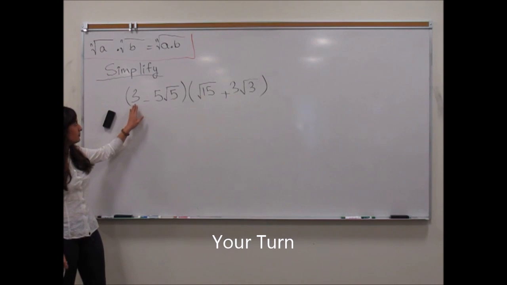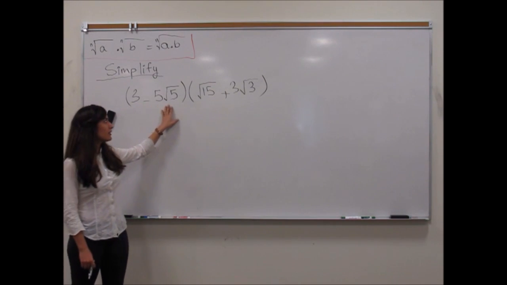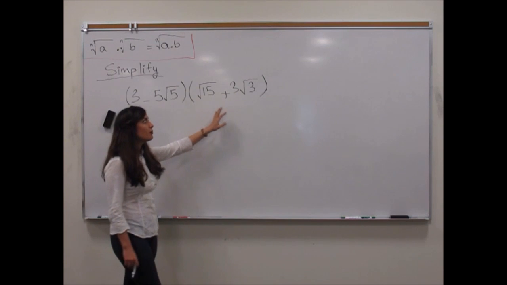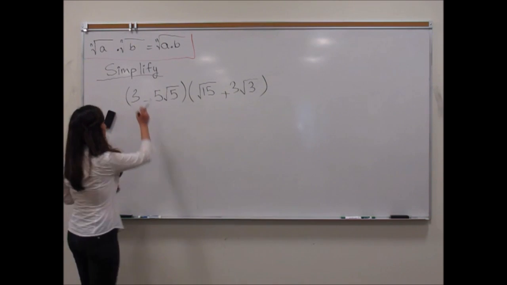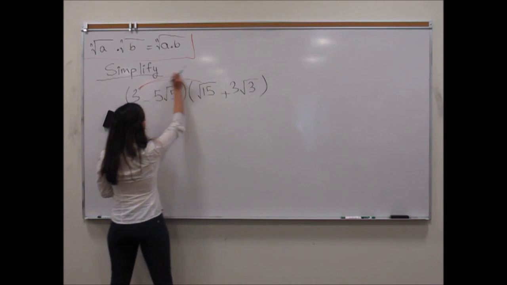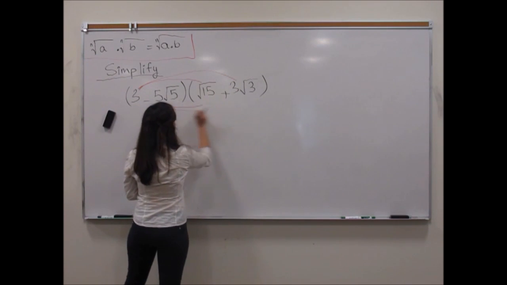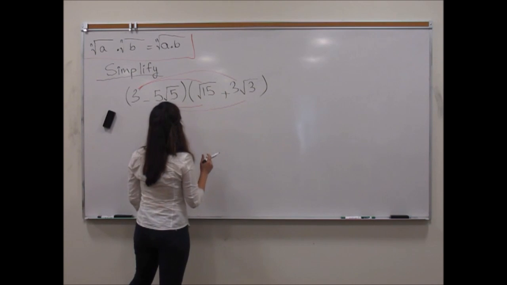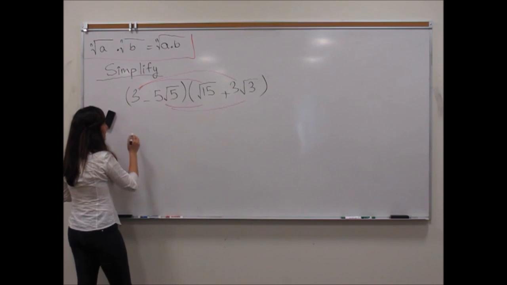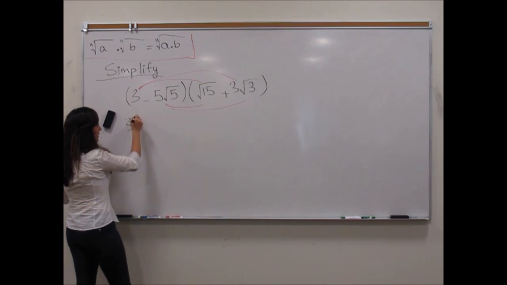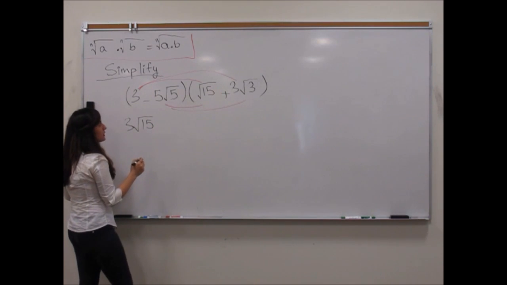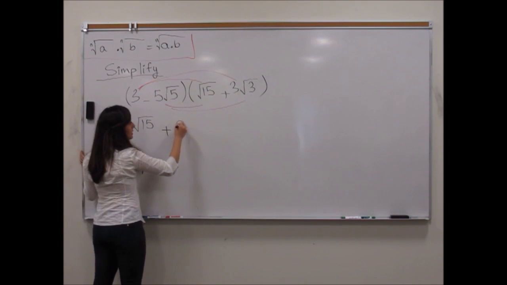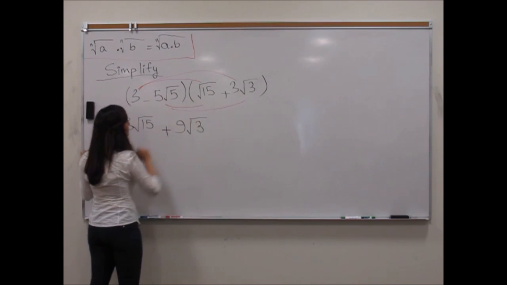Okay, I have (3 minus 5 rad 5) times (rad 15 plus 3 rad 3). So let's FOIL this out. 3 times rad 15 gives me 3 rad 15. 3 times 3 rad 3 gives me 9 rad 3.